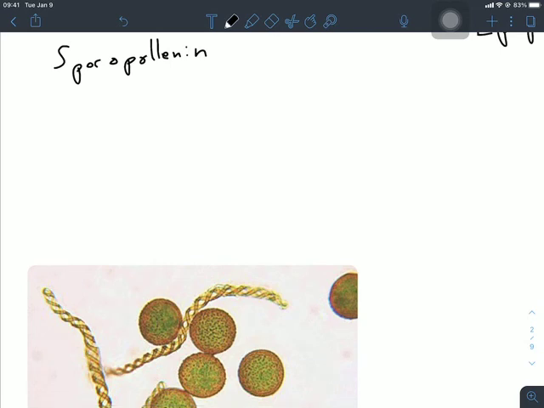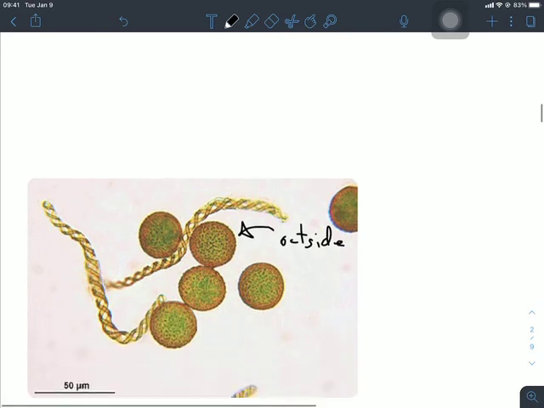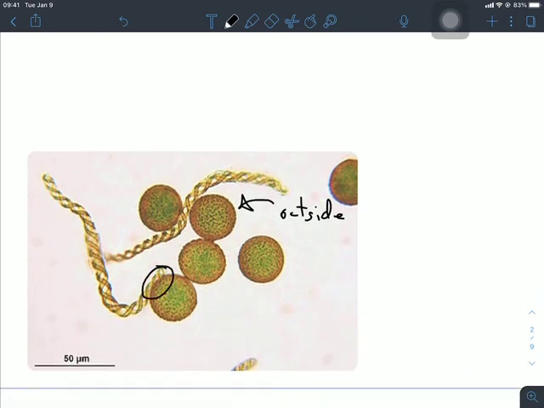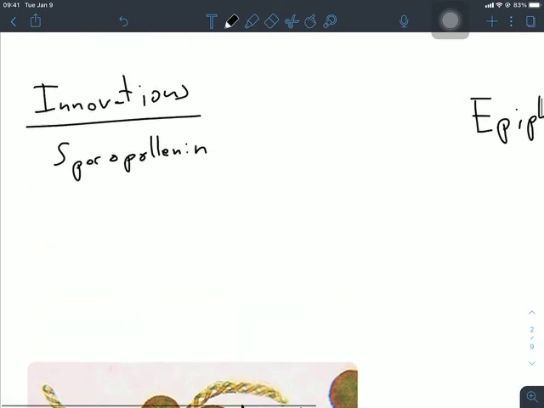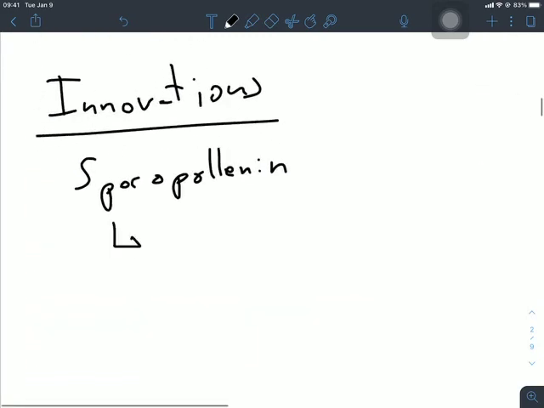You see sporopollenin here in the X sign, or the outside of the spore. But we also have structures that can help these spores move around. They're attached to the surface, but then will change shape and be able to fling the spores far away from where they first grew. These structures are called elaters.